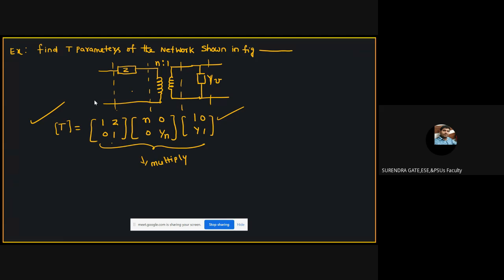For example, this is a previous GATE question. For the network shown in the figure, find the T parameters. This is the given network.